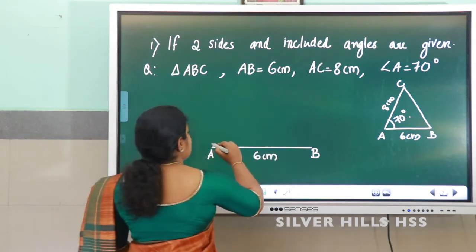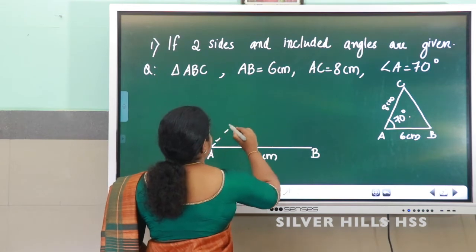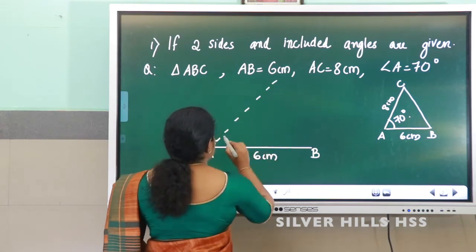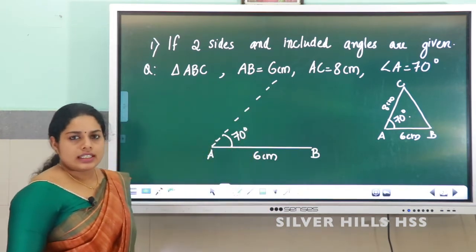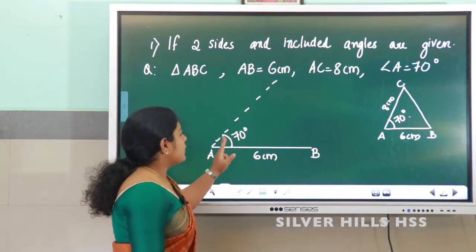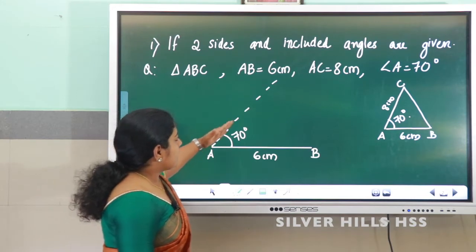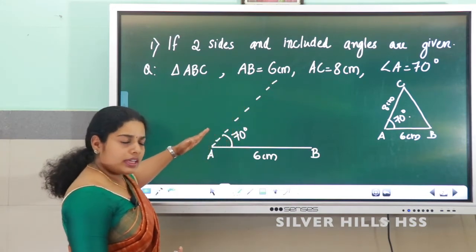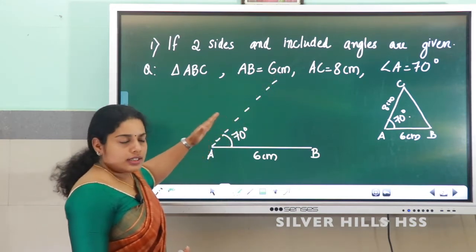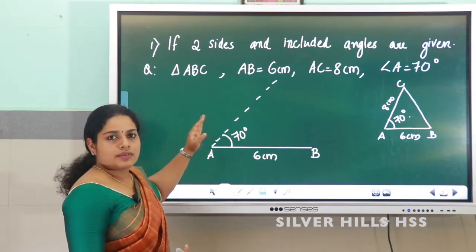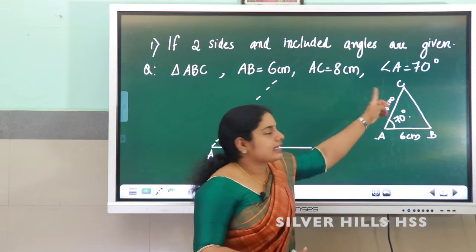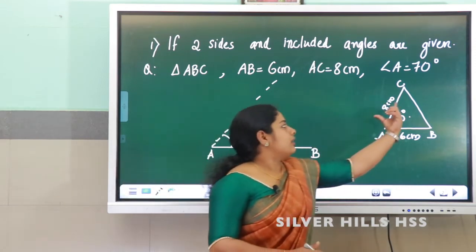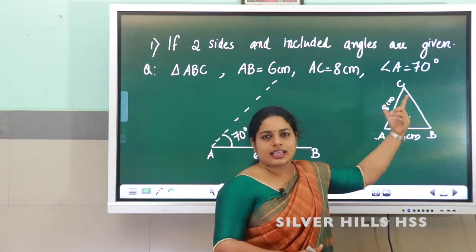Using the protractor, you should mark 70 degree. So this is 70 degree. That means this line C lies somewhere on this line. In order to confirm the position of C, we need to measure from A 8 centimeters, because we are given that AC is 8 centimeter.